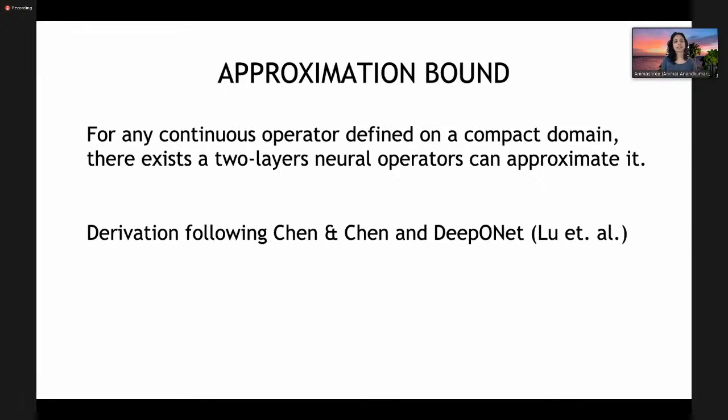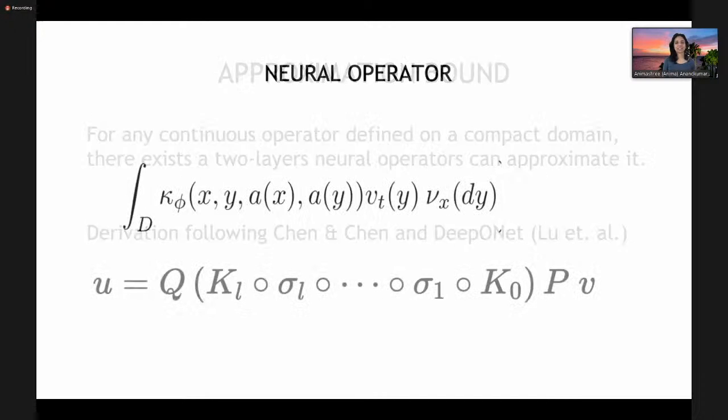That derivation we borrow heavily from previous works, so it's somewhat straightforward to come up with this result, and you can see that intuitively too, because you're doing this kernel convolution at each layer and composing it with nonlinearity. So that should be able to capture any general operator. But I will not give the derivation here.